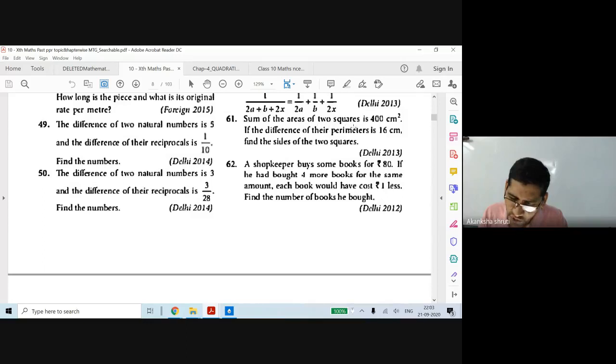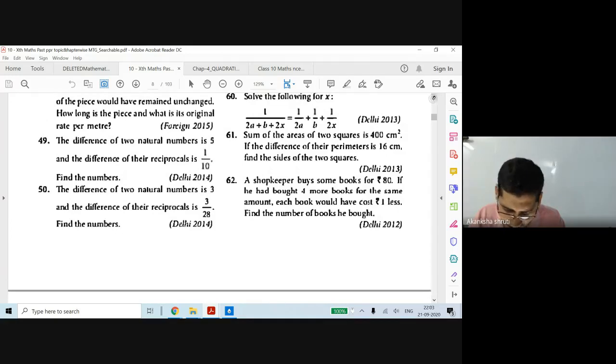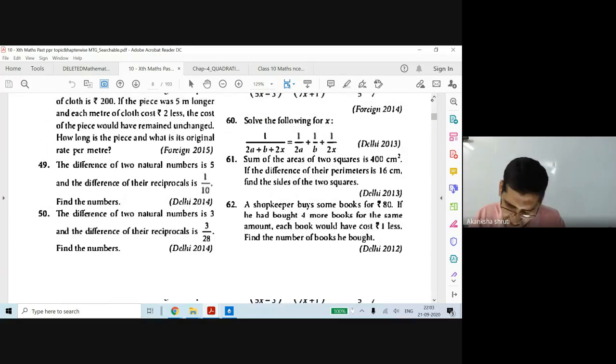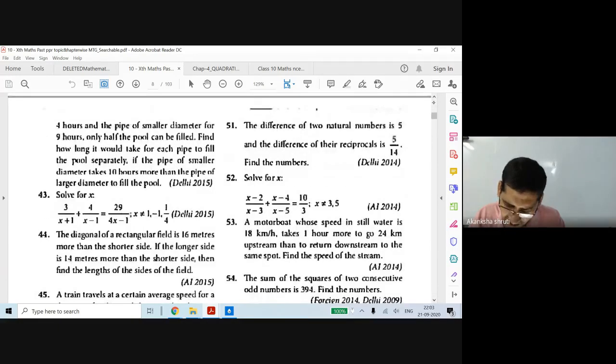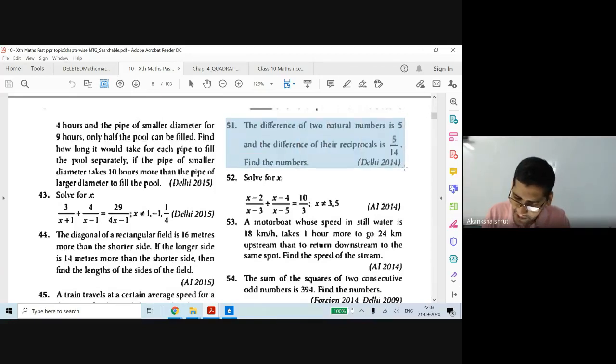Sum of area of 2a square is this much. Also very easy question. You can get it. अभी मैं इसको लेता हूं. बहुत बार many a time student get confused कि 2 variable लेना चाहिए या 1 variable लेना चाहिए.